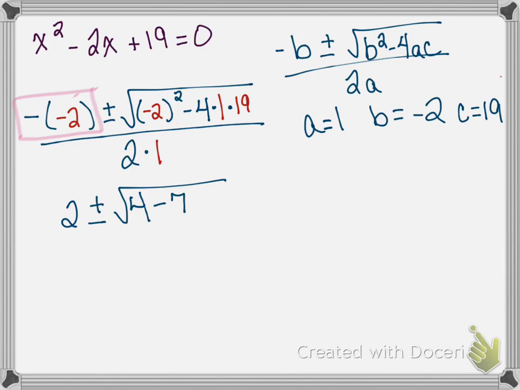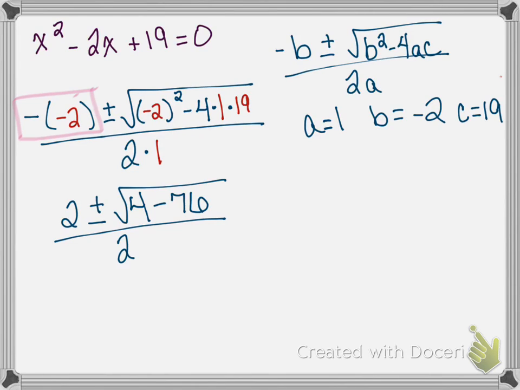76. If you're confused, just do 19 times 4 off to the side. 4 times 9 is 36. 4 times 1 is 4 plus 3. There you got it. Then I have 2 on the bottom.